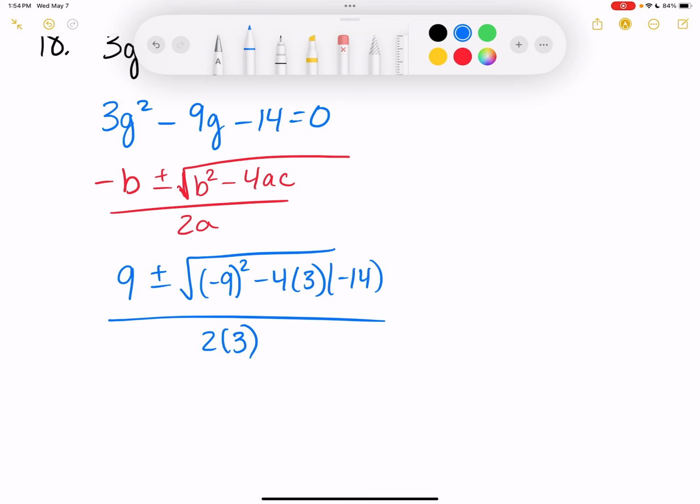All right, so I've got 9 plus or minus the square root. What's negative 9 squared? 81.